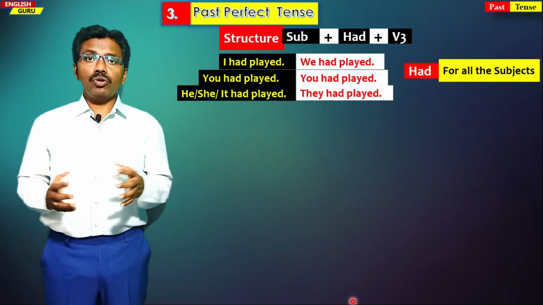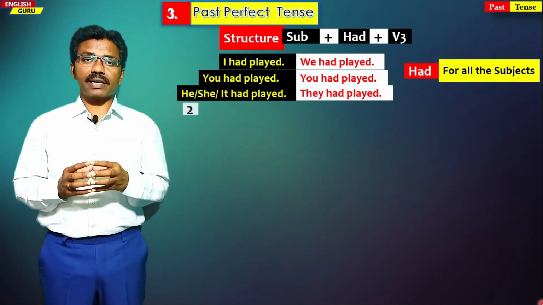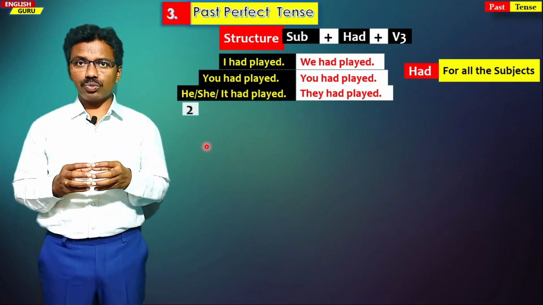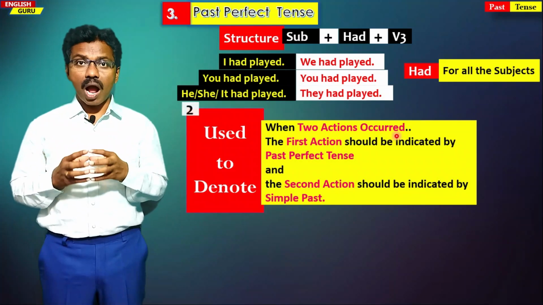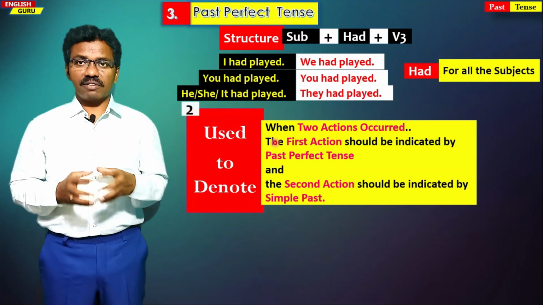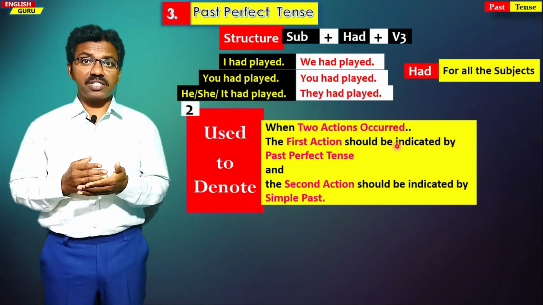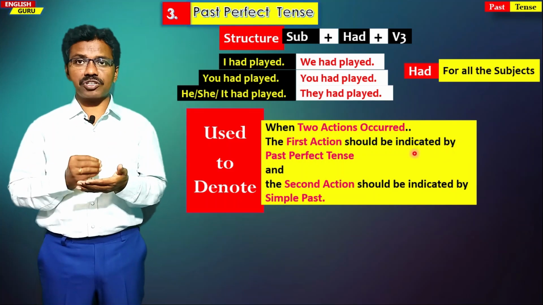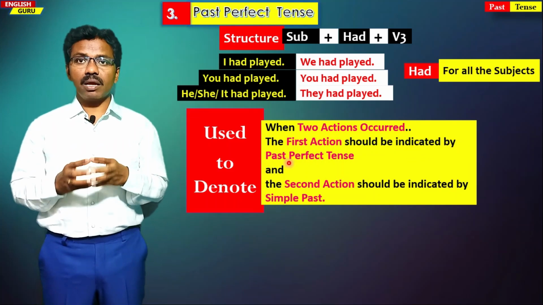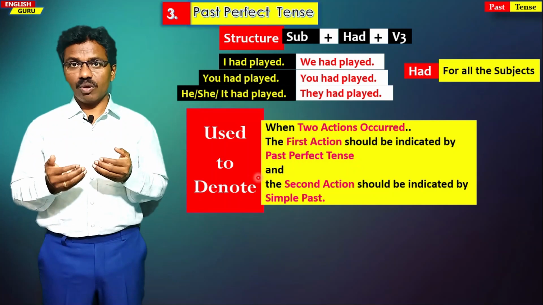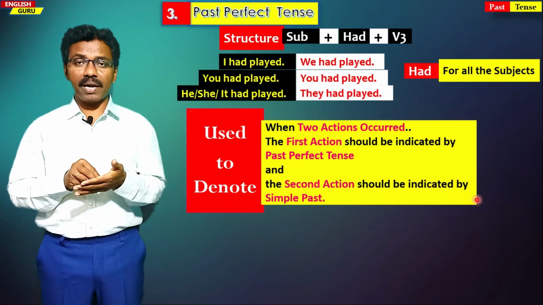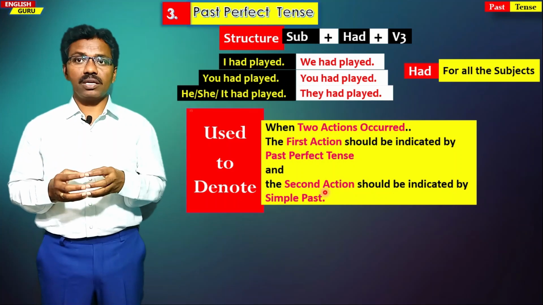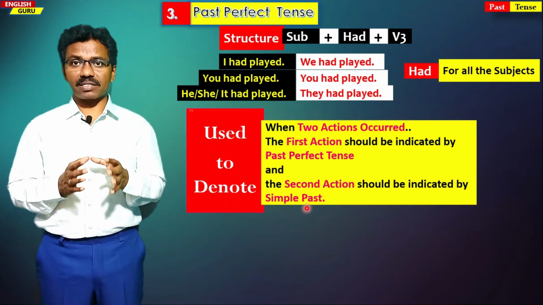And there is one more usage of past perfect tense, which is very, very important. When two actions occurred in the past, the first action, which means the first occurred action, should be indicated by past perfect tense, whereas the second action should be indicated by simple past tense.